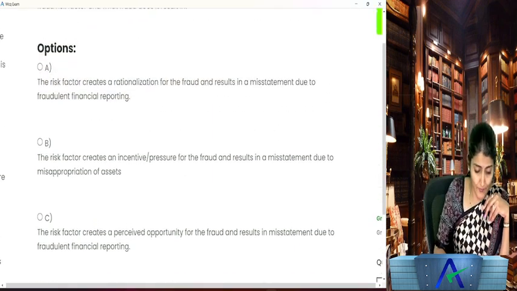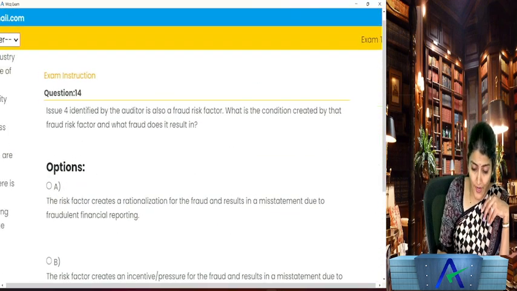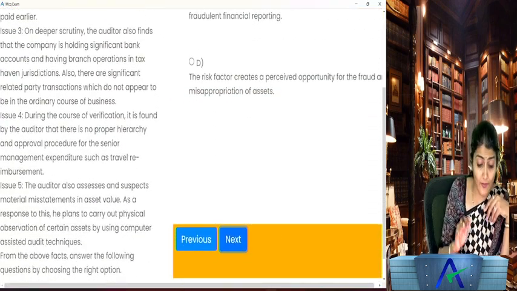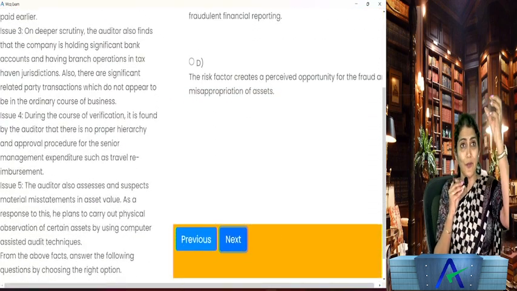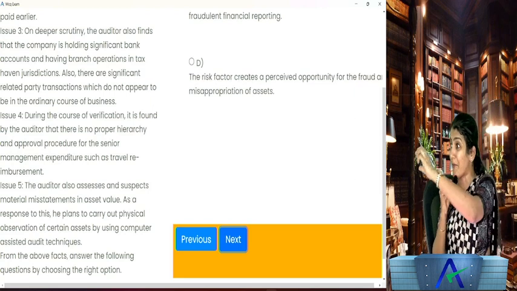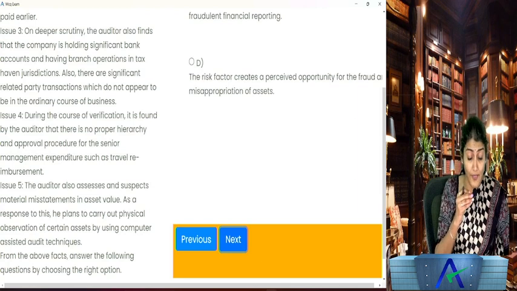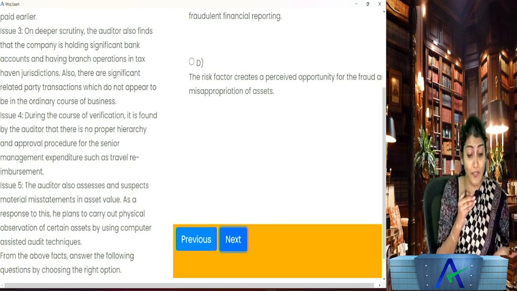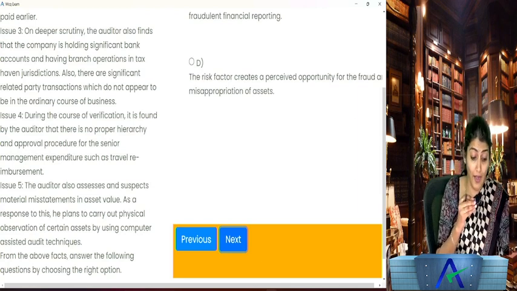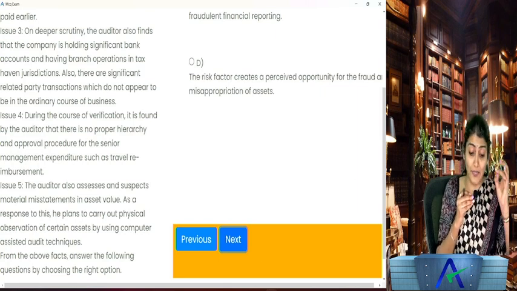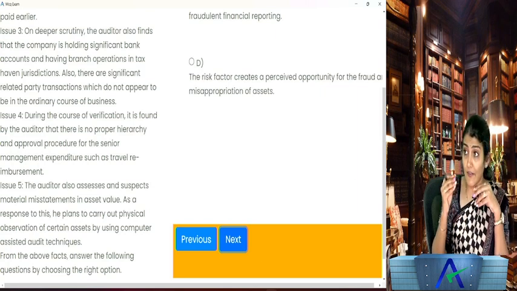Okay. Then next one, issue 4, identified. Now let us read what issue 4 is. I told you now, a 10 mark question can come in the exam only for fraud. Okay, right. During the course of the verification, it is found by the company that there is no proper hierarchy and approval procedure for the senior management expenditures such as travel reimbursement.